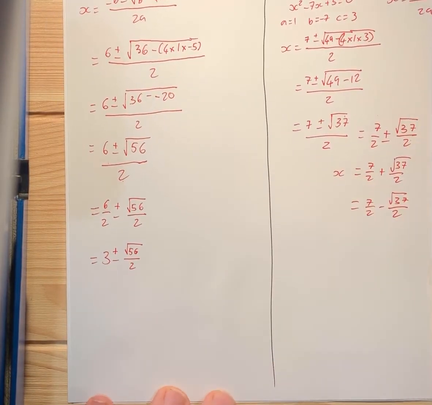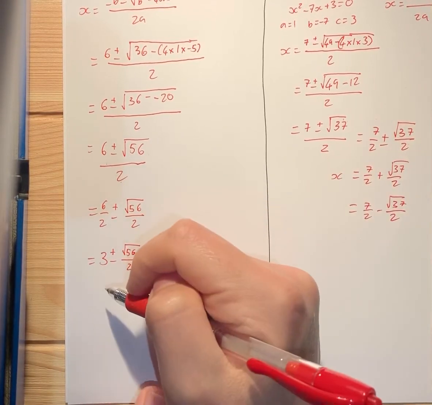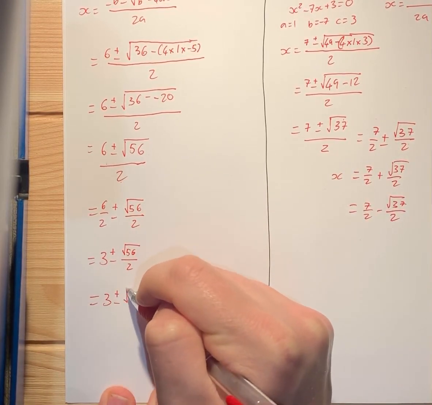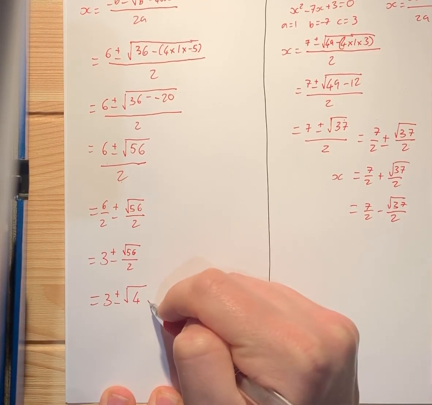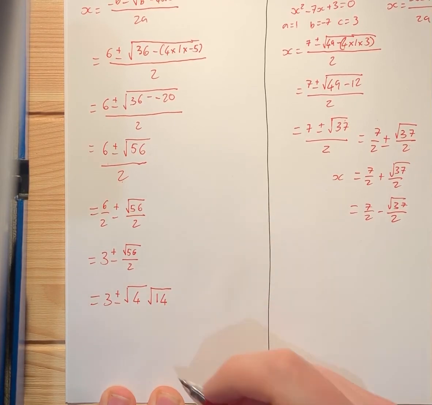Okay, so this is linking back to the surds work that we did just before we went off. I'm going to split up root 56 into root 4 times root 14.